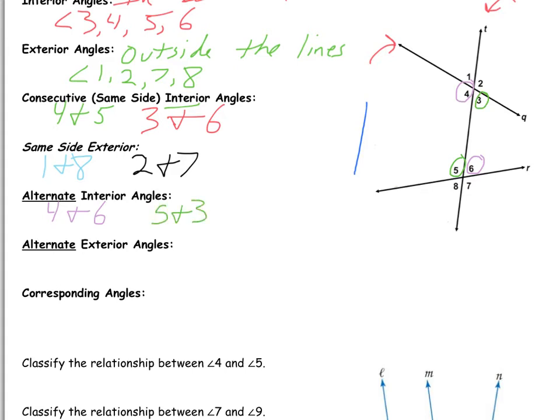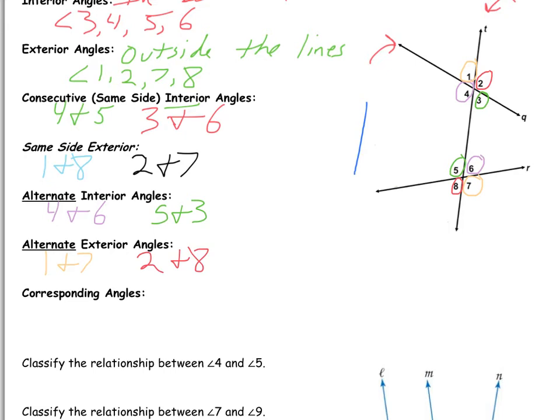So we can pretty much guess what would be alternate exterior. We would be talking about exterior angles on alternate sides of the transversal. So 1 and 7 would be an example there. And then 2 and 8 would be another example.